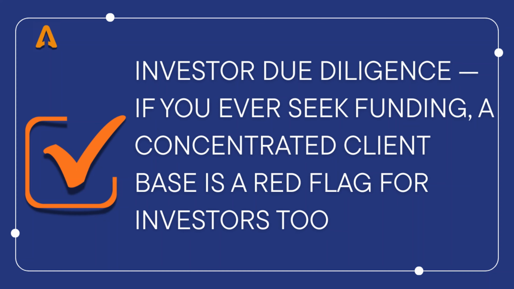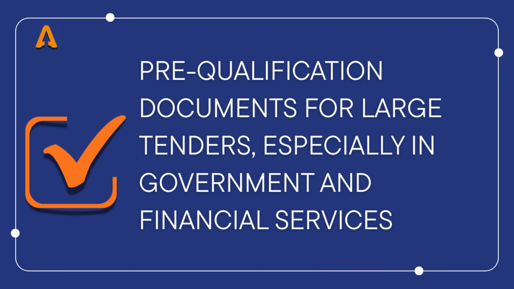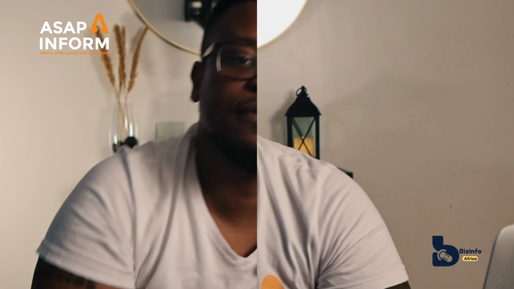Investor due diligence. If you ever seek funding, a concentrated client base is a red flag for investors too. So be aware of that. This question is also asked during pre-qualification for large tenders, especially in government and financial services.